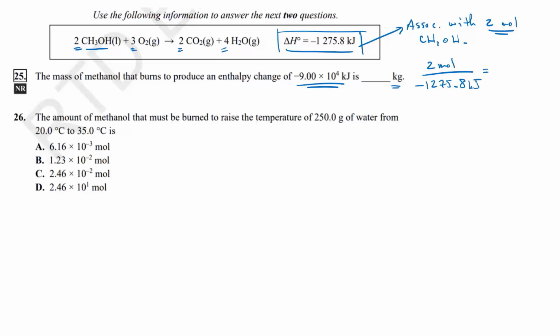This is going to be equal to an unknown number of moles, x, that would go with negative 9.00 times 10 to the 4 kilojoules. Now solving for x ought to be simple here. X is going to equal 2 times negative 9.00 times 10 to the 4 over negative 1275.8.